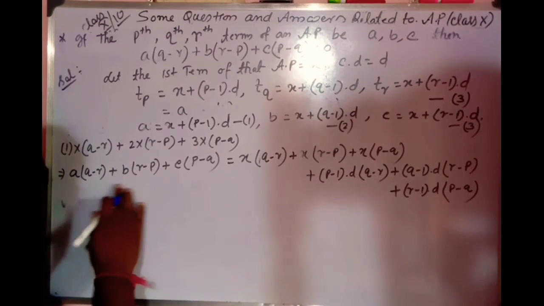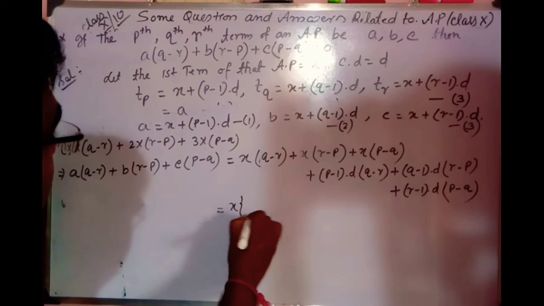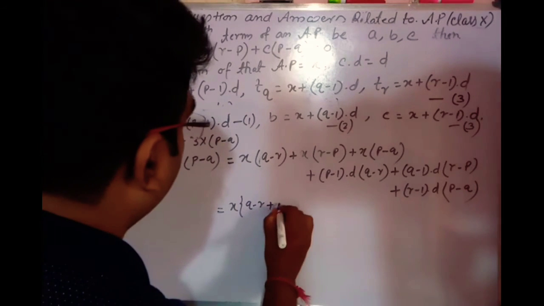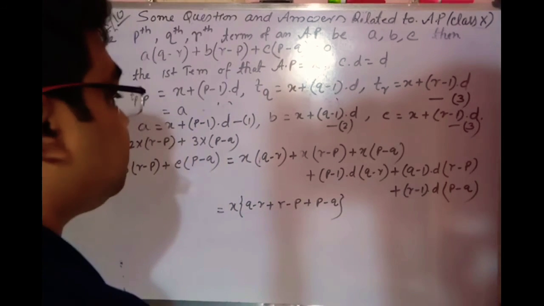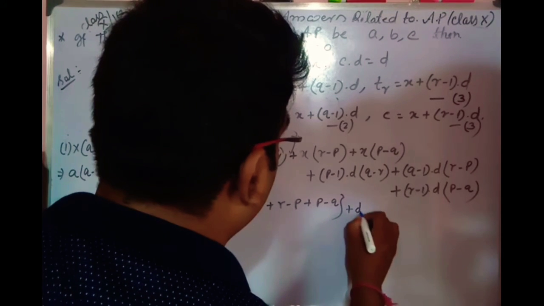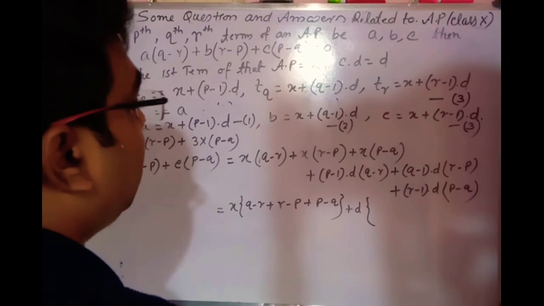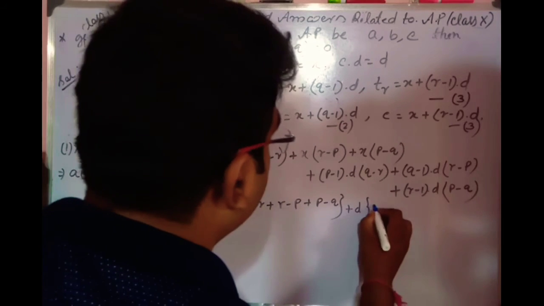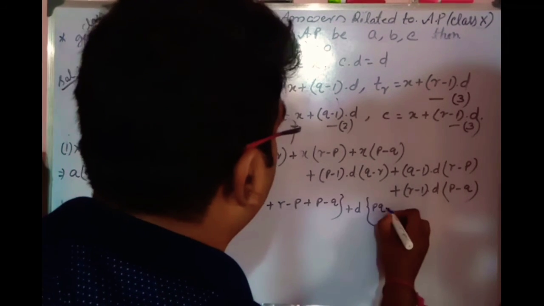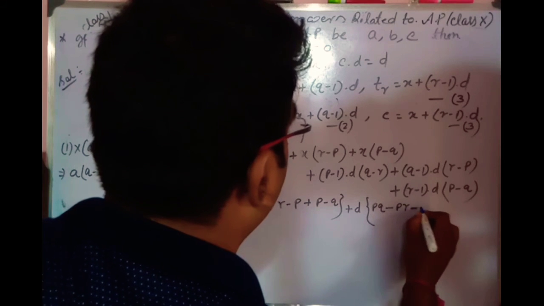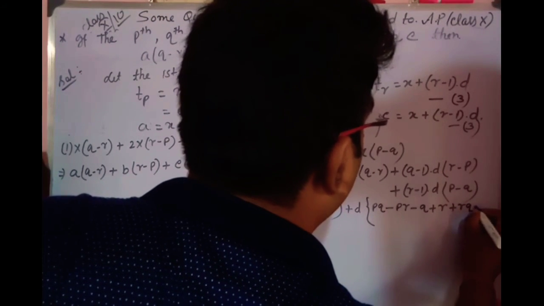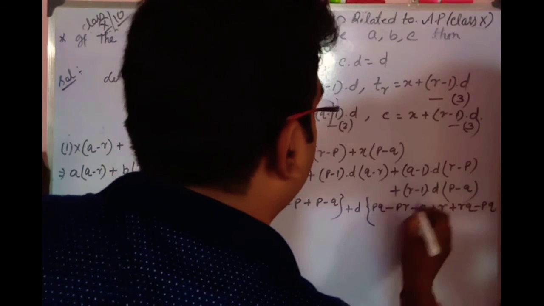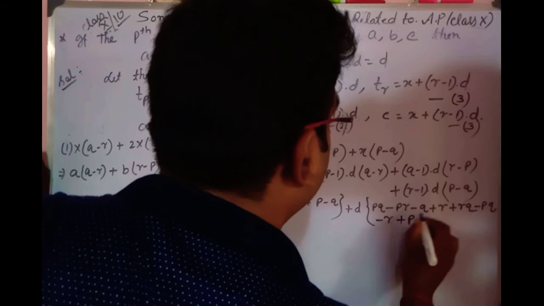Now on the left side we are getting x into q minus r plus r minus p plus p minus q, and here we take d common. If we take d common and multiply these terms, what we get is pq minus pr minus q plus r. Multiplying the next two terms, we get rq minus pq minus r plus p.